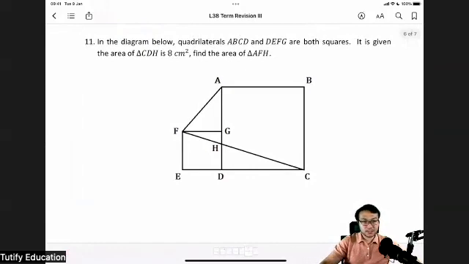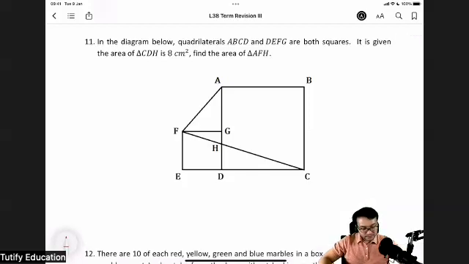So look at my screen, everybody. They are showing you this figure and they are telling you that we have two squares, the small square and the big square. They are also telling us that the area of CDH is 8 cm square.